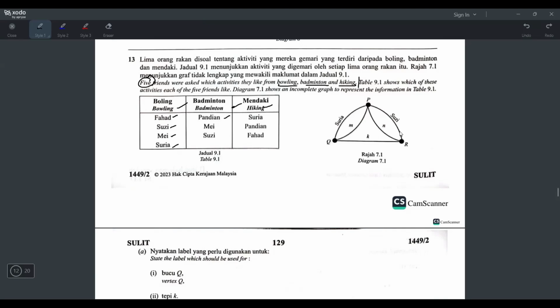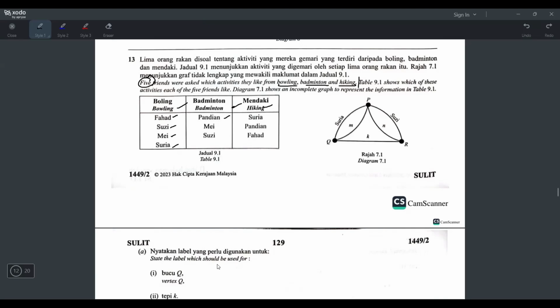The PQS, that will be the bowling, badminton, hiking. Tapi kita tak tahu lah yang mana, because dia tak label. And then the age is for what? The age is for the nama orang lah. Tapi dia ada berapa age? 1, 2, 3, 4, 5. Yalah, sebab ada 5 orang mah. So logic lah, kalau 5 orang, 5 age lah. So that's why got 5 ages.